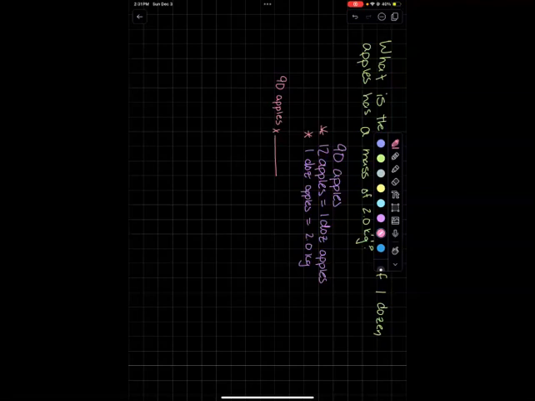So I have 90 apples. I know for every 12 apples, I get 1 dozen apples. But I'm not done. I don't want to be in dozen apples. I want to be in kilograms. So I have this conversion factor right here.